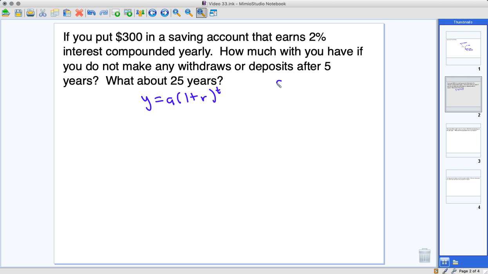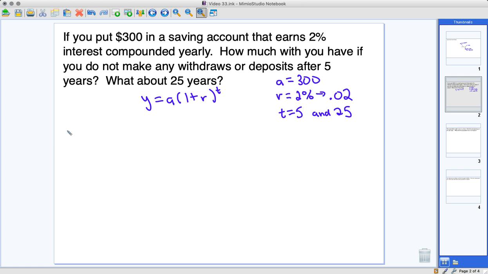A, remember, is our starting amount, so we start with $300. R is our rate, so that's 2%, but if we change that to a decimal, that's 0.02. And then we have two different T's that we're going to use: T is 5, and 25. So we're going to have two different answers.